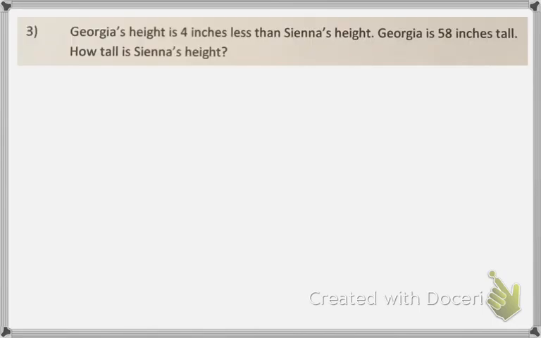And we've got one more problem to put in. So Georgia's height is 4 inches less than Sienna's height. Georgia is 58 inches tall. How tall is Sienna's height? So again, I like to start with the unknown. Be careful when you use a variable S, because it could look like a number 5.